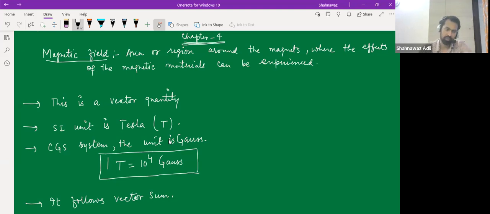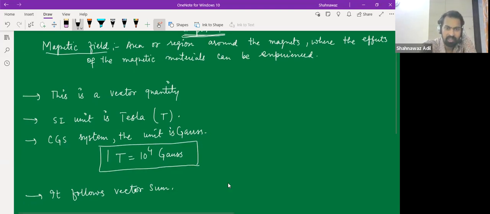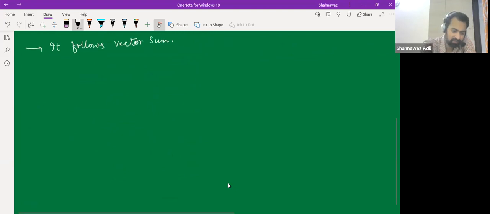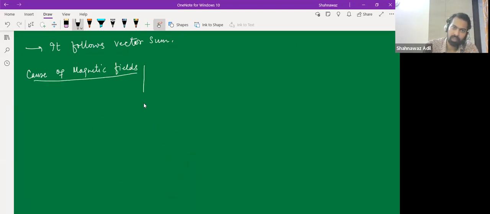Okay, so what can be the cause of magnetic fields? It can be produced by current carrying wires, and the other would be some magnet.